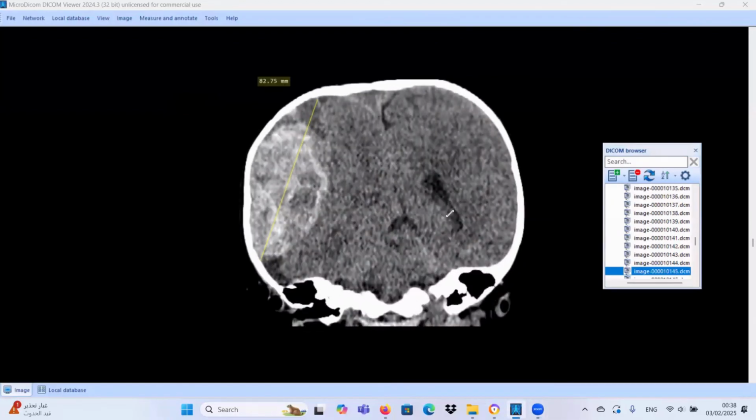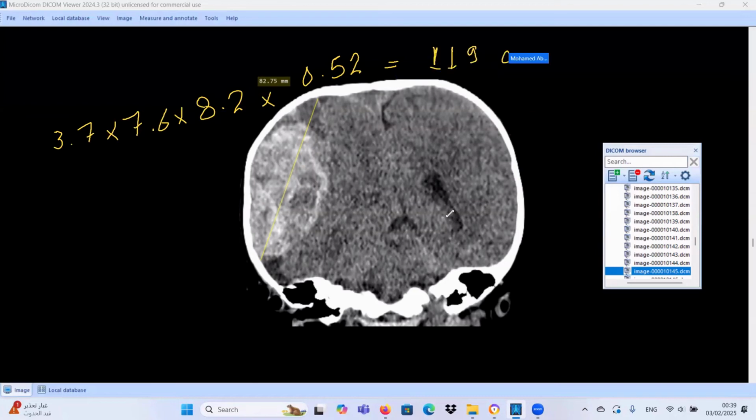It measures about 8.2 centimeters. So we have 3.7 times 7.6 times 8.2 centimeters. We multiply all of this by 0.52 to measure the volume. The volume here is about 119 cc.